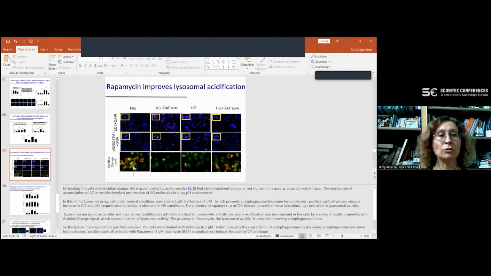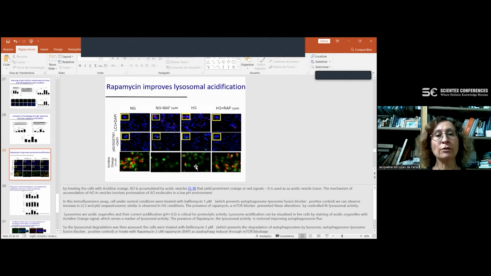So in the normal condition, we see in green the autophagosomes, which are fused with the orange organelles, which are lysosomes, and this leads to a proper digestion of the content.